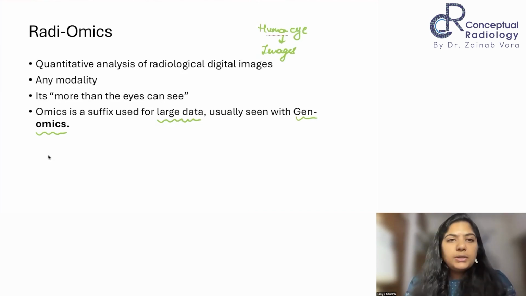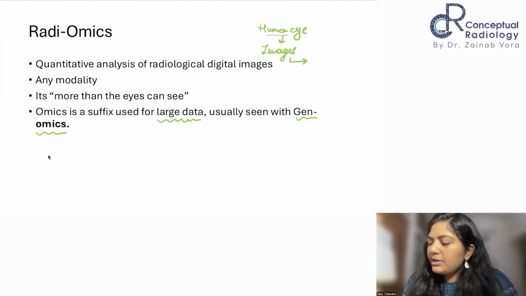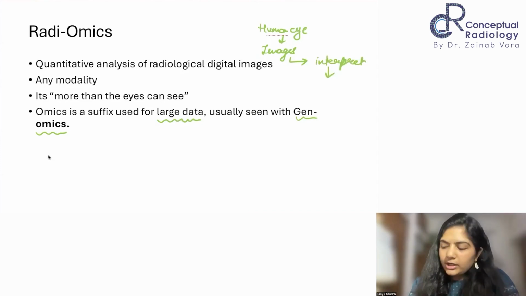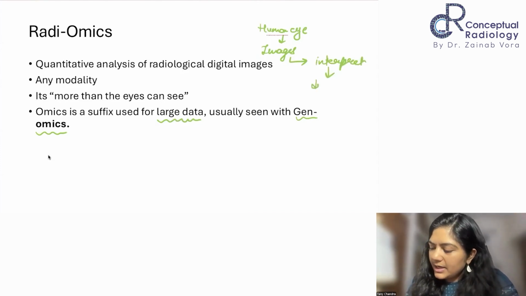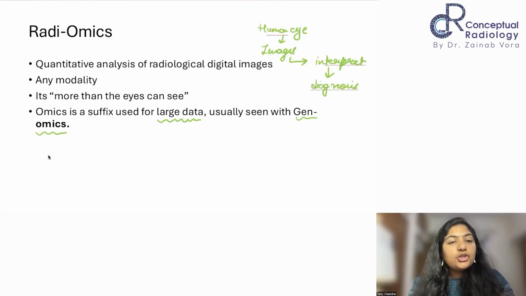So the human eye usually will assess the images, try to interpret them, integrate them with other knowledge and then give a diagnosis, right? That is how we have been doing image interpretation in radiology, right?